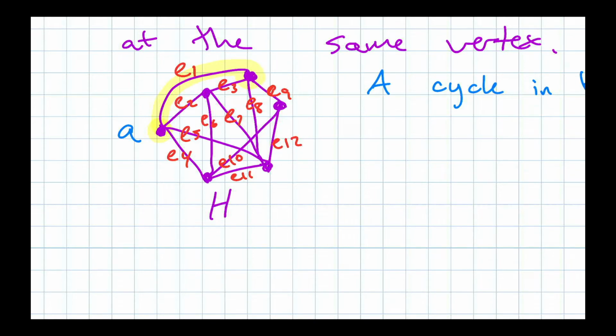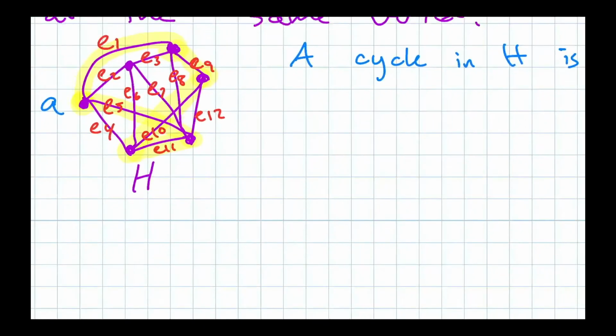And then from E1, maybe we'll go E9. And then from E9, we're going to go E10. Then over to E11. And then let's head back on E5. Okay. And I end up back where I start.